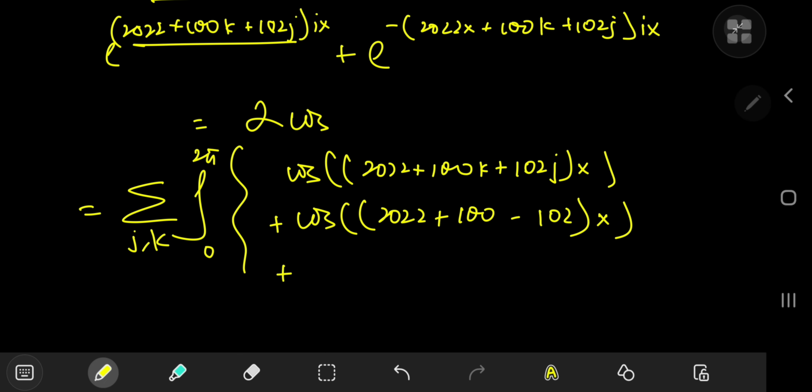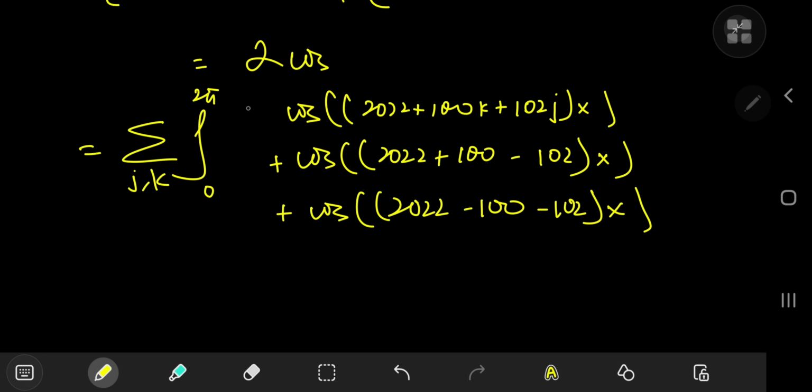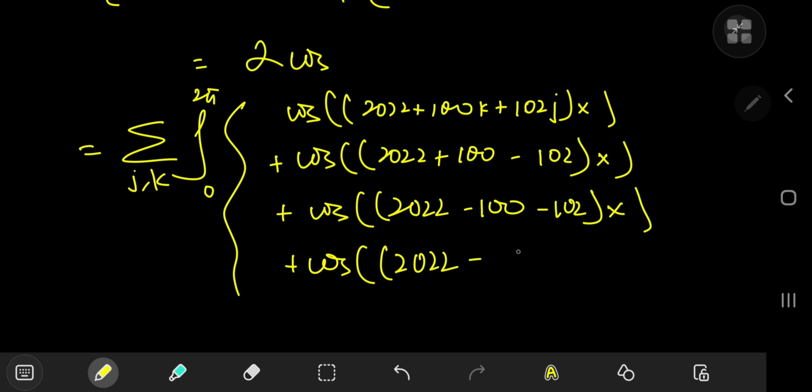And one more would be the cosine of 2022 minus 100k minus 102j x, and there's still one left. Yeah, I should have a cosine of 2022 minus the 100k.